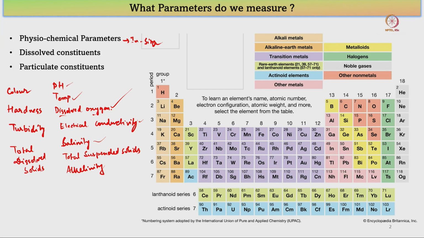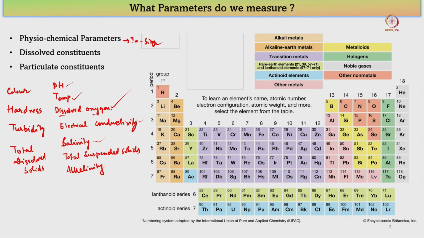So, these are the physiochemical parameters, and it is important to have knowledge about them, because these parameters control the concentration of the dissolved constituents and their interactions with the particulate constituents.